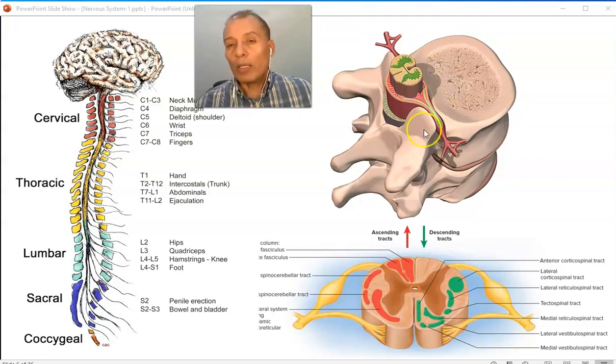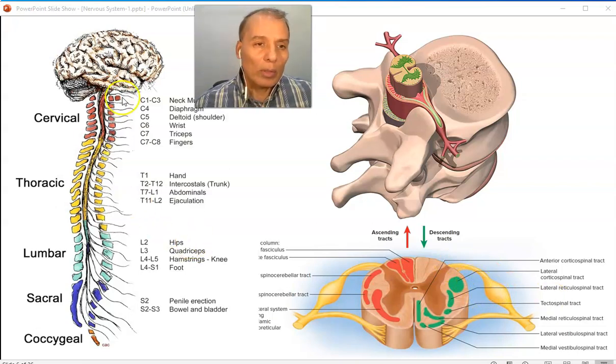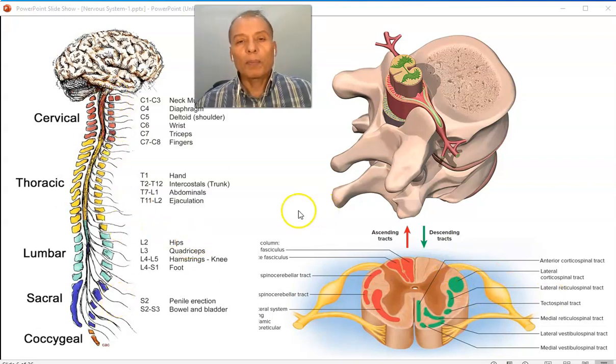They are identical, like you have a right hand and a left hand. But each spinal nerve is going to have a motor branch and a sensory branch. So you can get sensation from the same organ, and you will also be able to move it. And we have 31 nerves branching out of the spinal cord.